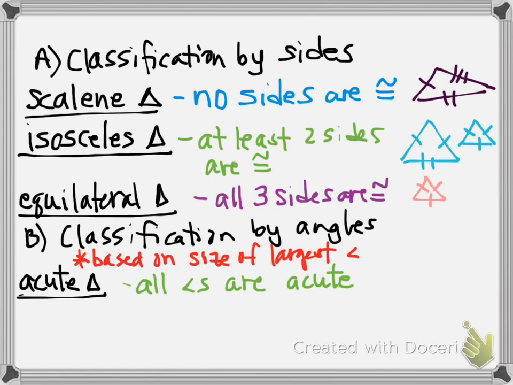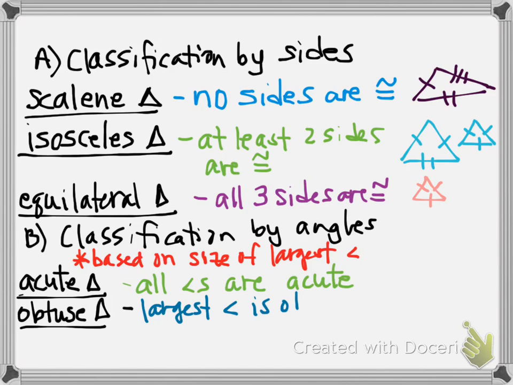Okay. Then if our largest angle is over 90, we would have an obtuse triangle. So largest angle is obtuse.